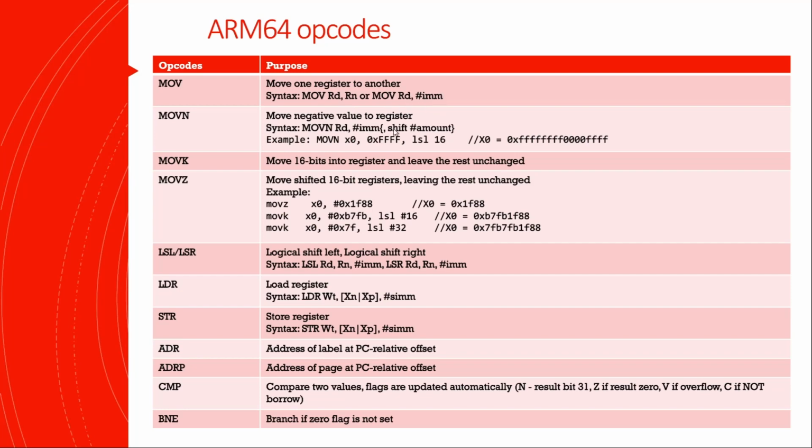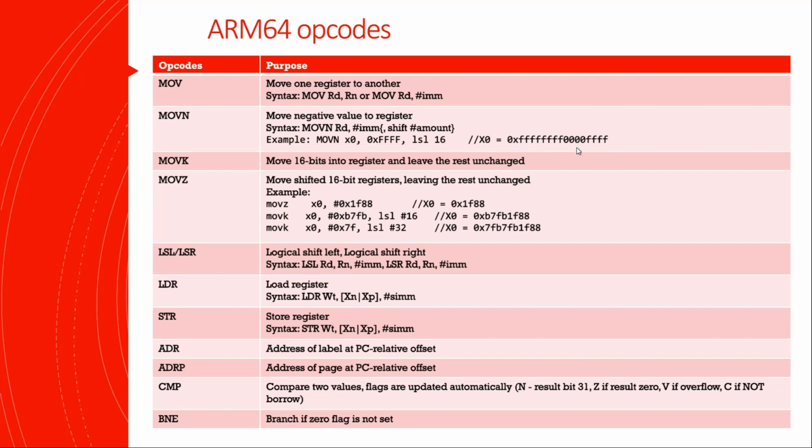Okay. Then next we have the move n instruction. This instruction is usually used for moving bit masks. Here n stands for negate. Let me try to explain it in a better way using an example. So let's say you want to move this bit mask value to the x0 register.